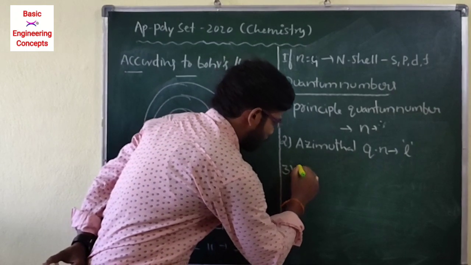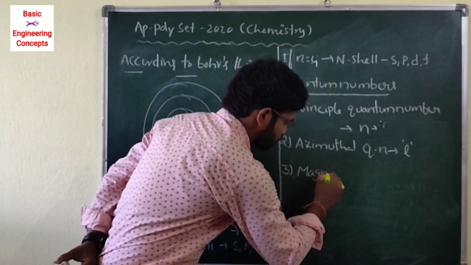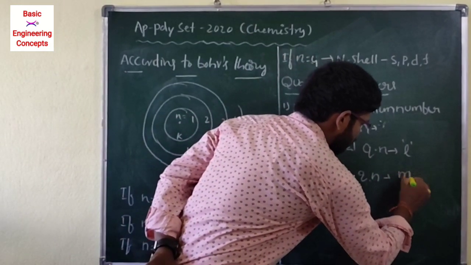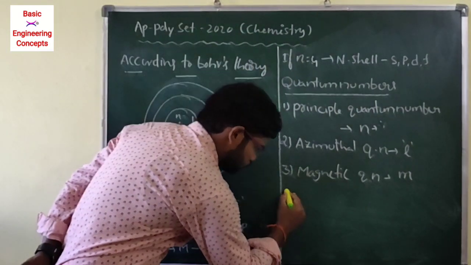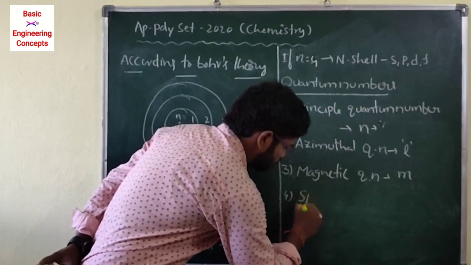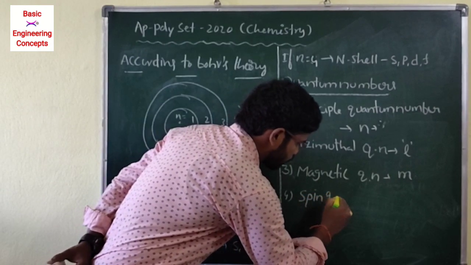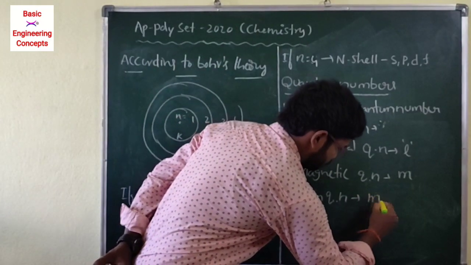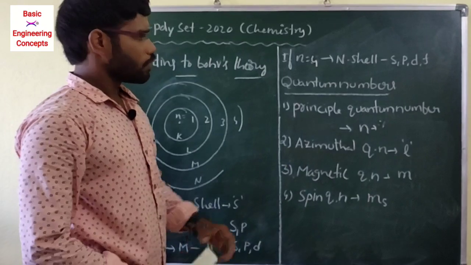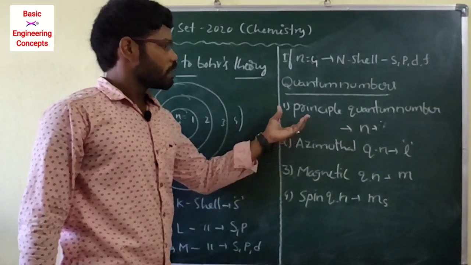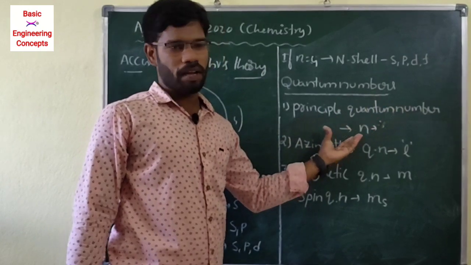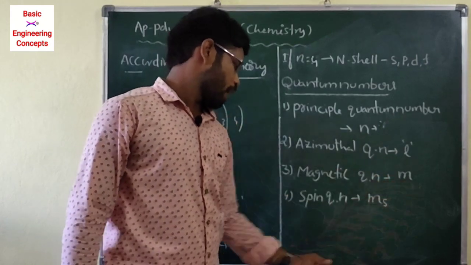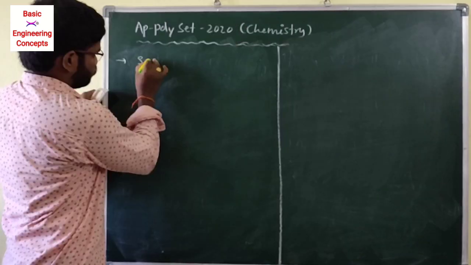Third is the magnetic quantum number, denoted by small m. Fourth is the spin quantum number, denoted by ms. Some questions come from these quantum numbers: principal is n, azimuthal is l, magnetic is m, spin is ms.